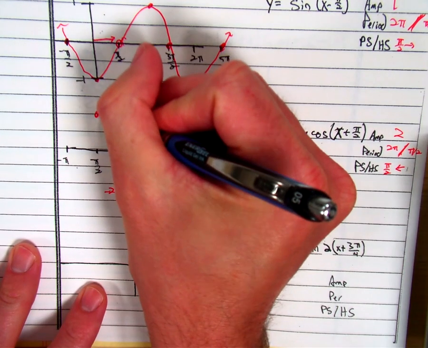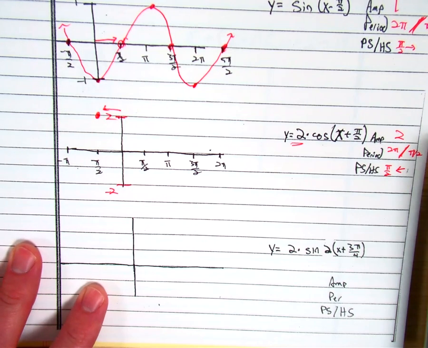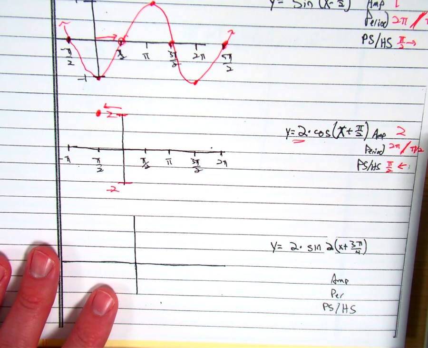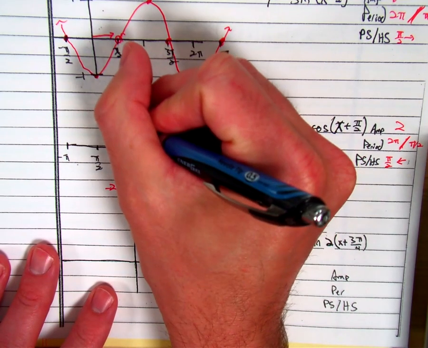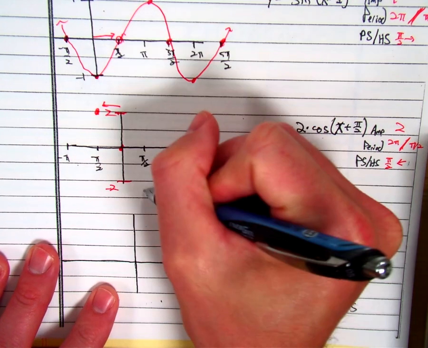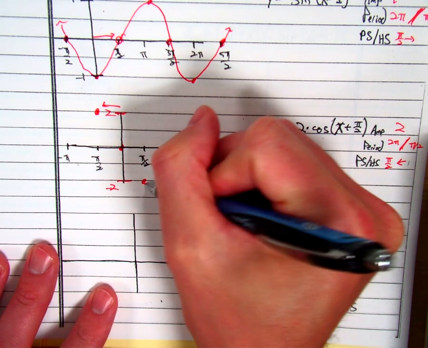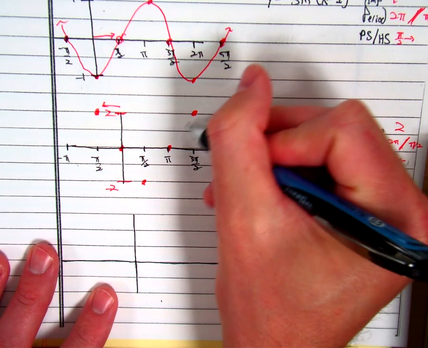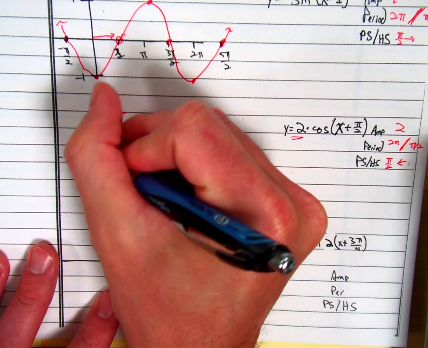So now I'm going to be starting here. And again, you don't have to do the arrow every time. I'm just doing it for the first couple here. Okay, so I'm on the top, and then I go down. So to the midline, bottom, midline, top, midline, back down to the midline over here.